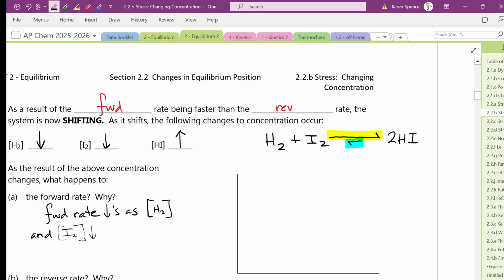It decreases as the H2 and I2 decrease because that results in fewer collisions. I should say results in less frequent collisions.